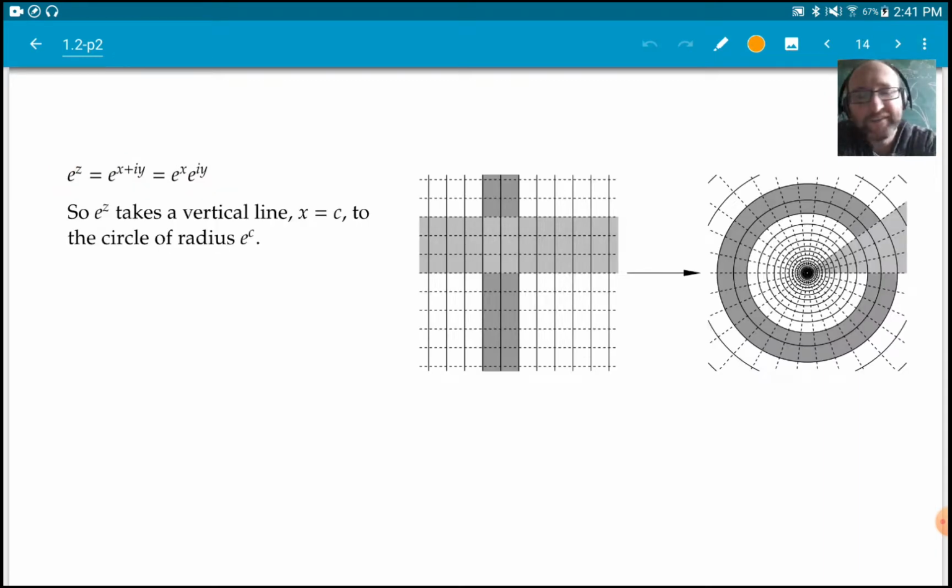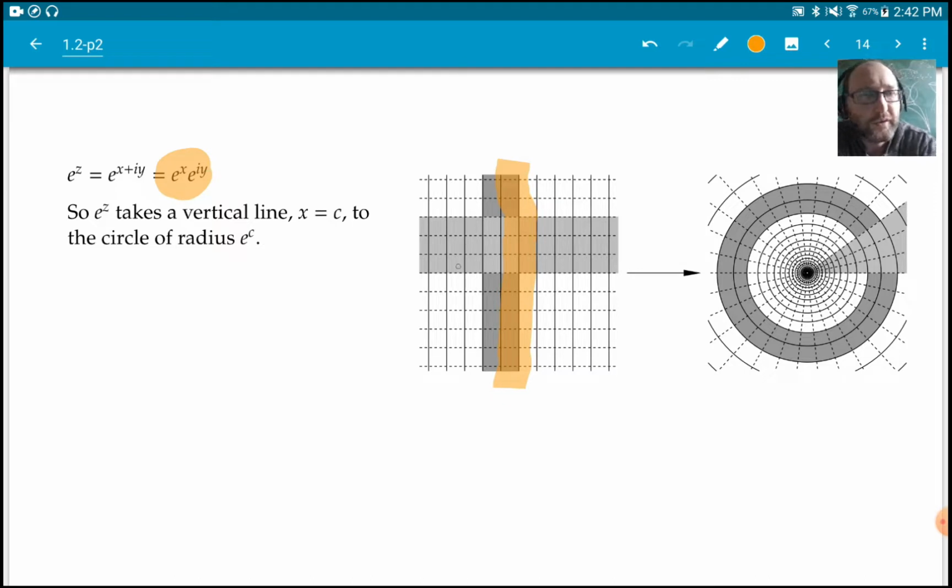Now, if I look at this, it also tells us what it does geometrically. So this includes a bunch of different things, but let's start with a vertical line. So that's when x is a fixed constant, c. Now, you look at where that goes. If I let x be some constant, then it's e to the c times e to the iy.